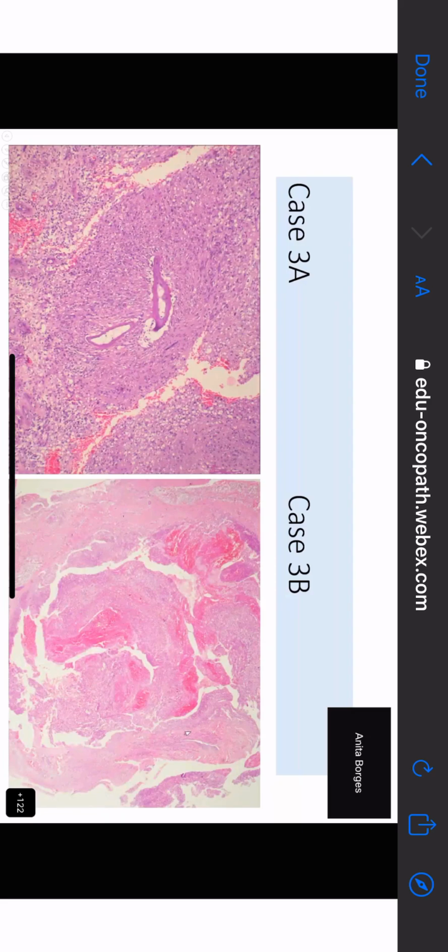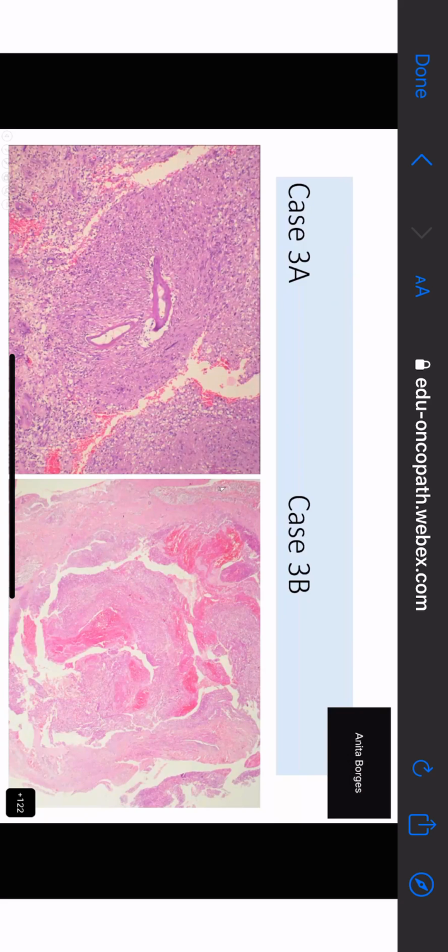Okay. Now, what else do you see? More or less the same thing. Yes. And you're beginning to see now what is on the left-hand side, please, Vimy. What is this? Ma'am, on case 3A, I'm seeing blood vessels which are surrounded by spindle cells. Spindle cells, yes. Anything about the blood vessels that you need to note? The vessels appear hyalinized. Yes, there are many hyalinized blood vessels, and you can see them at the bottom of this, and they are all showing you a hyalinized wall.